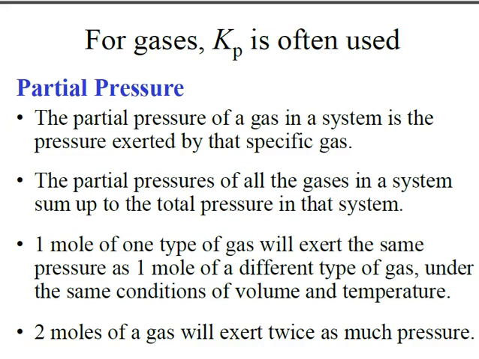But in this case, we're just concerned with the partial pressure of that species. If you have 1 mole of some gas and 1 mole of another gas, they're going to both exert the same pressure. But if you have 2 moles of a gas, it's going to exert twice as much pressure. So the amount of gas is really what determines the pressure. It doesn't matter what kind of gas it is.